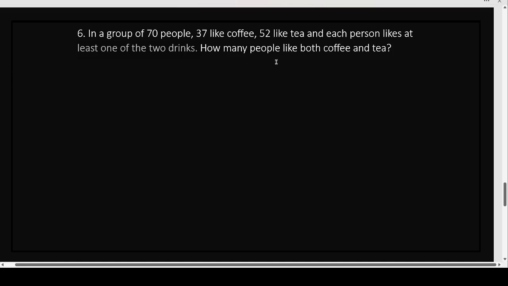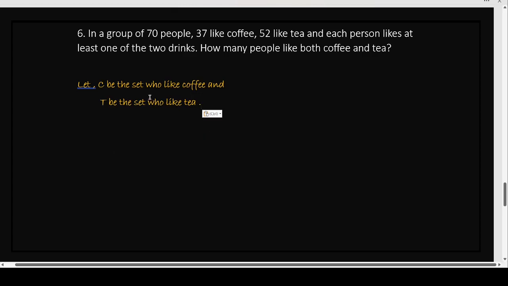So now, how many people like both coffee and tea? What does both coffee and tea mean? It is the intersection of these two sets. We have to find it out. We'll write down all the values given in the question in set notation. Let C be the set of people who like coffee and T be the set of people who like tea.